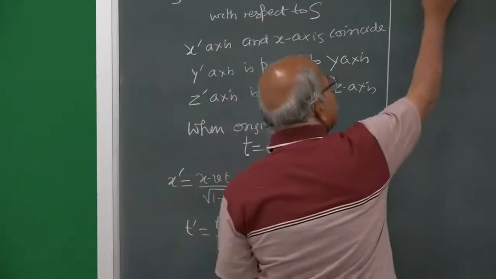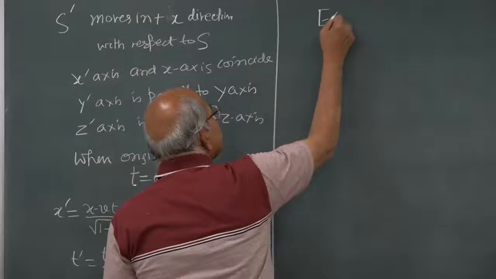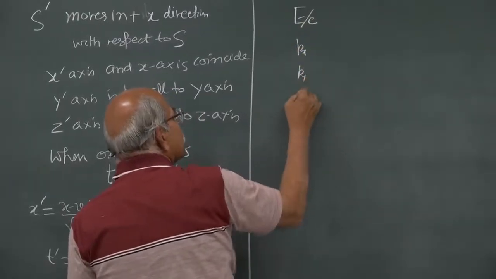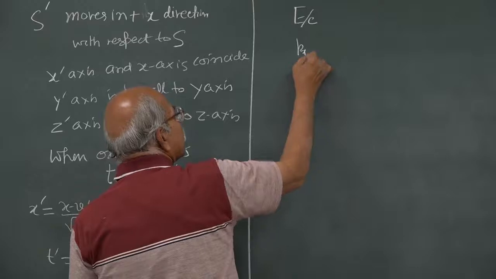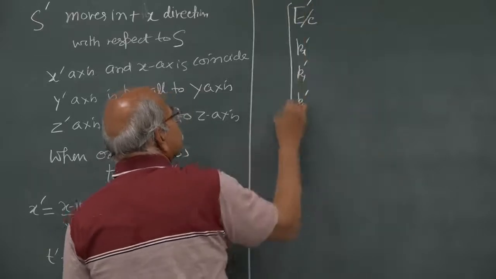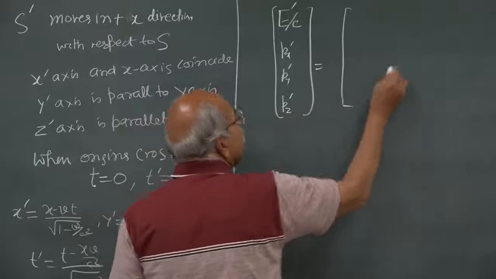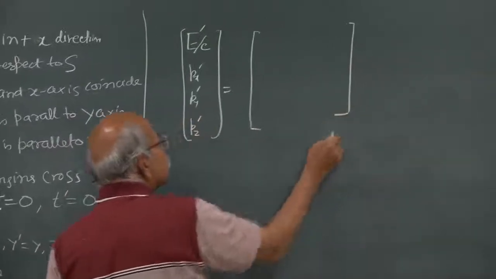If we have E by c, Px, Py, Pz, and the primed quantities, you will have a transformation matrix.